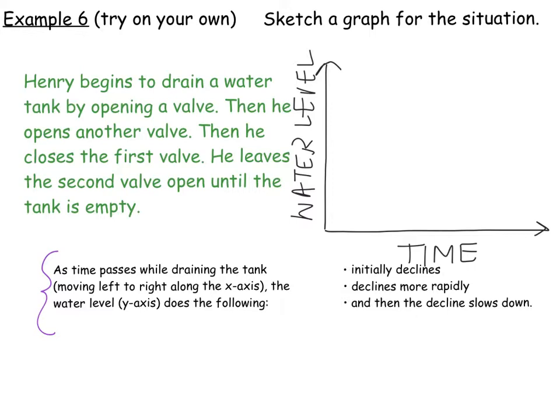It says he begins to drain the water tank, so we know our water level is pretty high. It doesn't start at the bottom. We have water in there, and he drains it slowly at first, and then when he opens the second valve, it initially drains really quickly, and then he closes the valve, and it drains slowly until all the water is gone. And there is our graph.